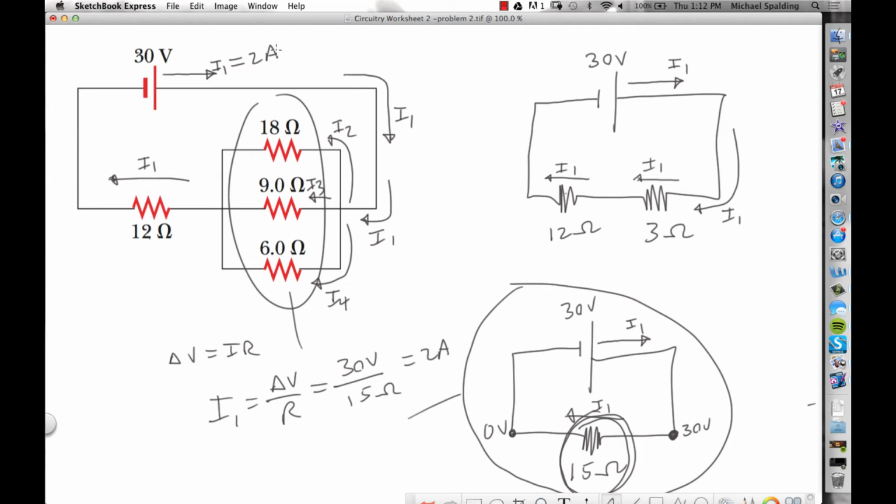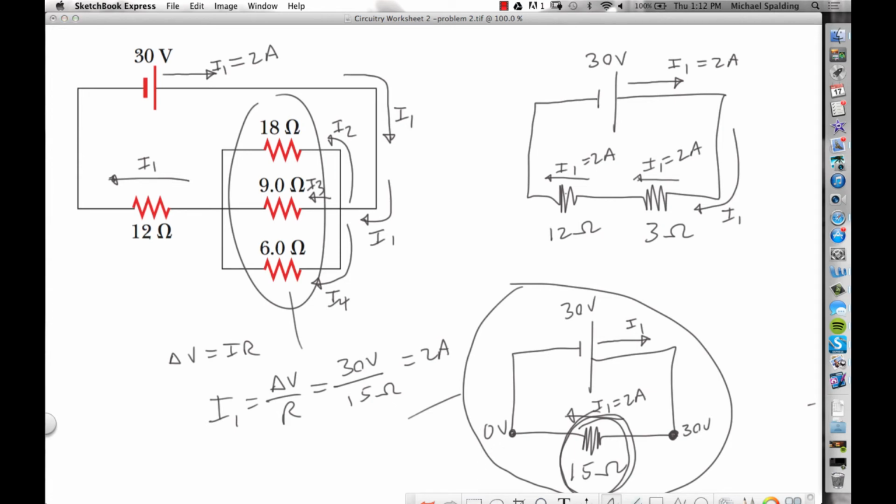And then over here, this is 2 amps, and this is 2 amps. Everywhere that we have I1, it's 2 amps. Okay? All right, next question. Calculate the voltage across each resistor in the circuit.